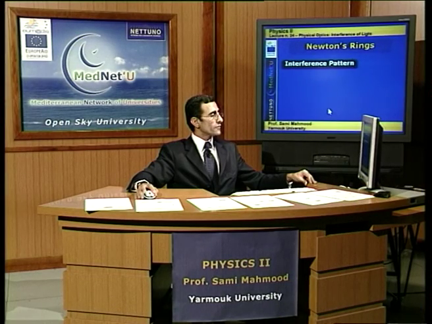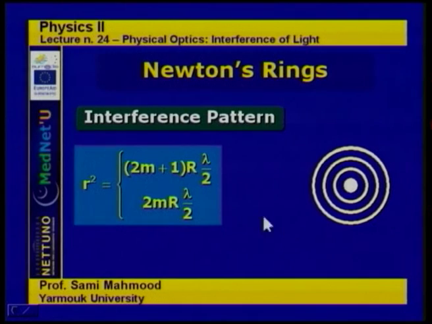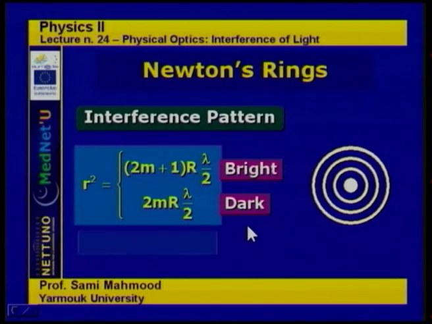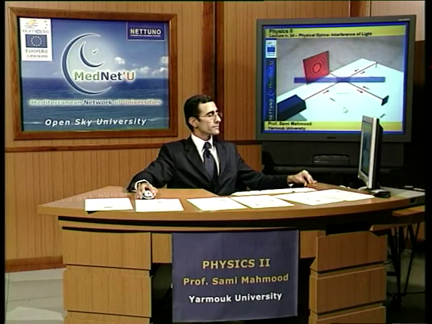And the interference pattern looks like this, where r², with the same condition that we obtained before, equal to (2m+1)Rλ/2 gives bright fringes, and at a radius from the center of r² equal to 2m Rλ/2, that gives dark fringes. And m here runs 0, 1, 2, 3, and so on.